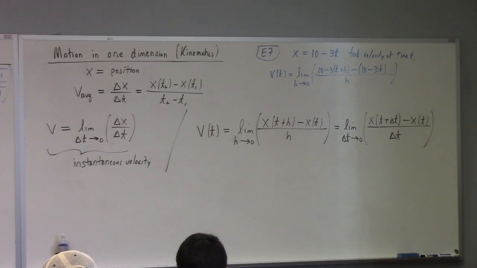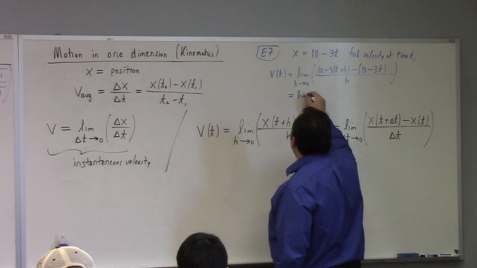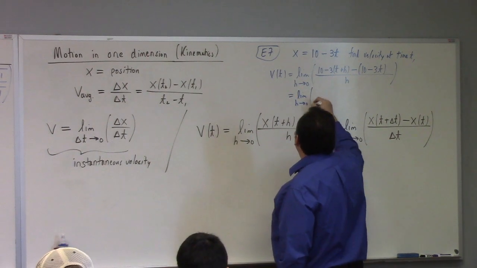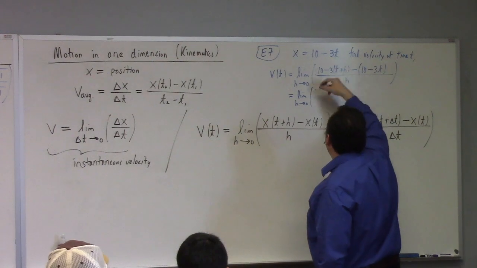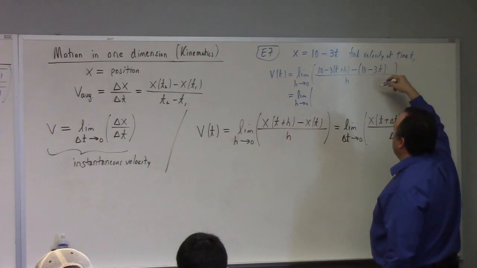So parentheses are important for difference quotients. Dropping a parenthesis in the subtraction, ignoring how the minus distributes to the subtracted term, is a common source of mistakes. So what happens is the 10s cancel, and you've got a minus 3t and a plus 3t.